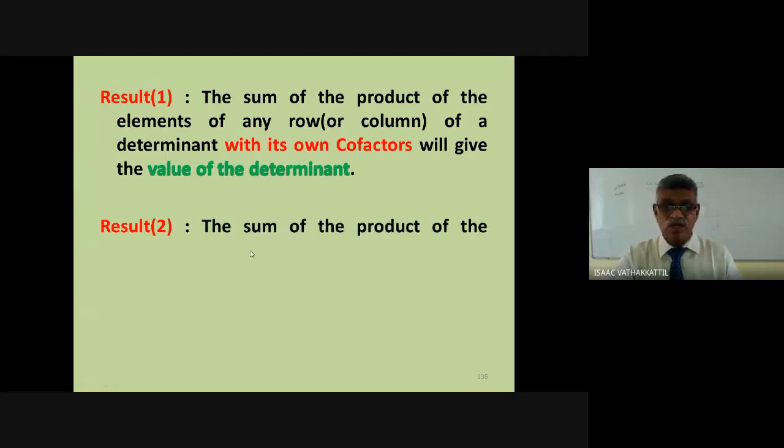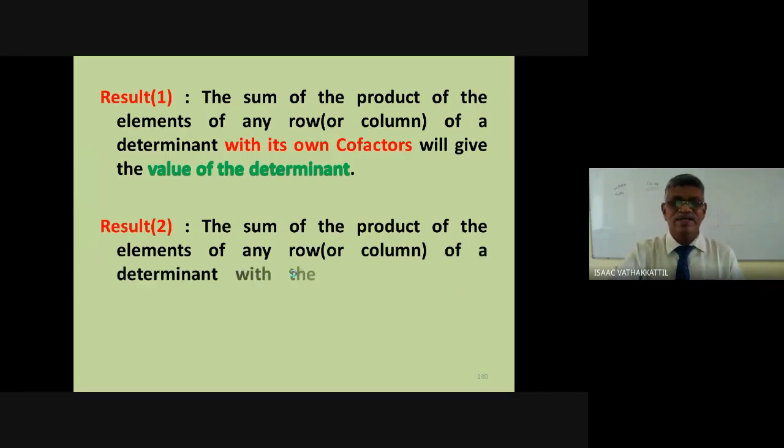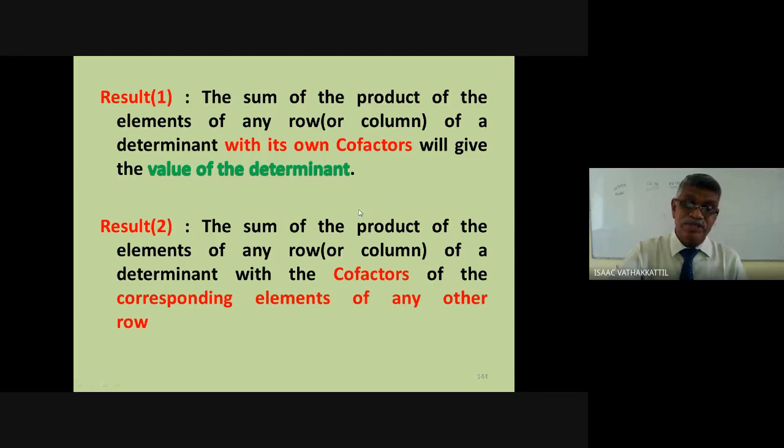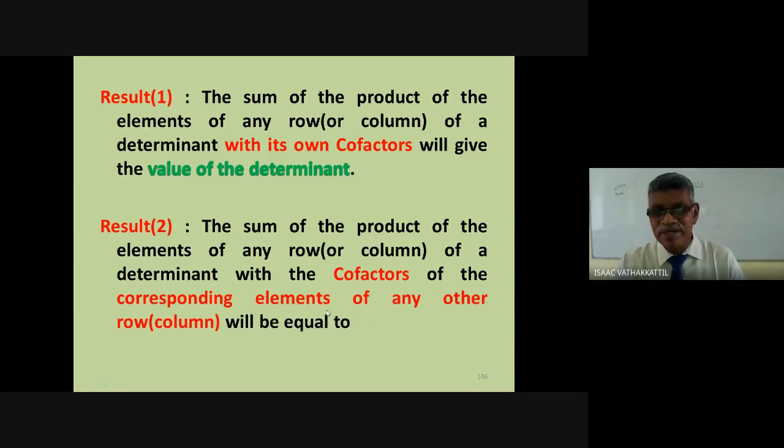The sum of the product of the elements of any row or column of a determinant with the cofactors of the corresponding elements of any other row or column. In the first one, with its own cofactors, you get the value of the determinant, but with the corresponding elements of any other row or column, the value will be 0.